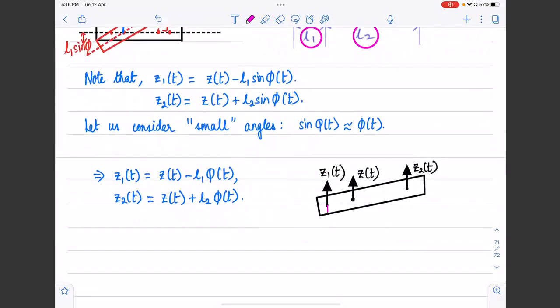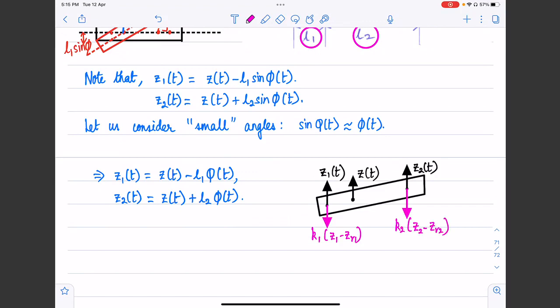Okay, so if we look at this free body diagram, the restoring force from the front suspension spring is going to be K1 times Z1 minus ZR1. Okay, the restoring force from the rear suspension similarly is going to be equal to K2 times Z2 minus ZR2.